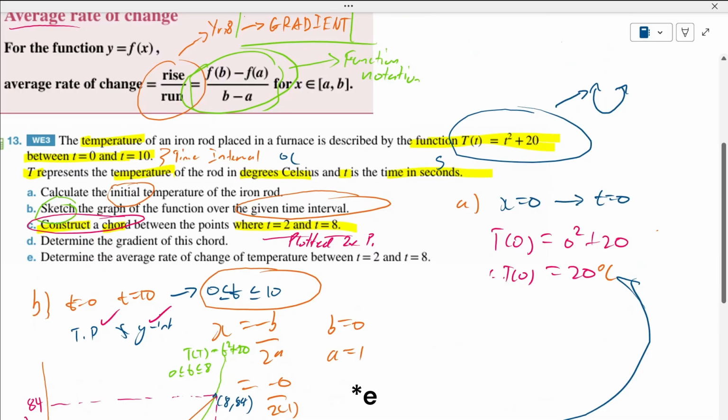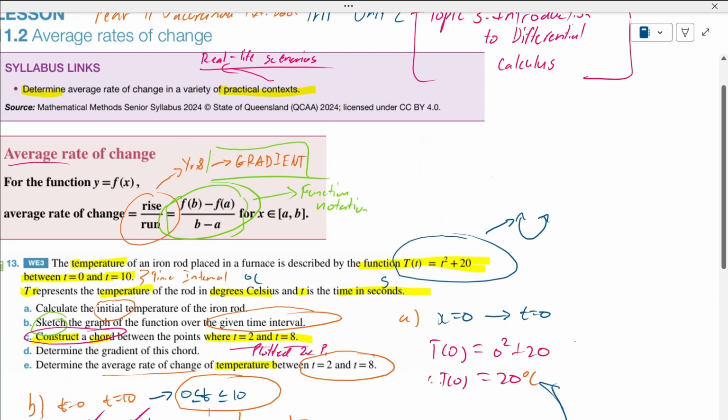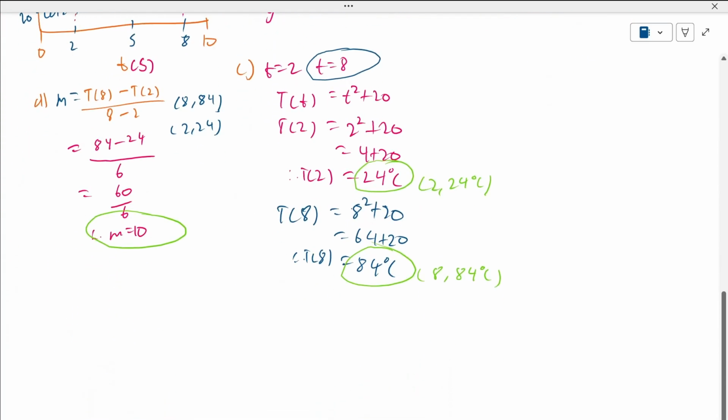Okay, part E. Determine the average rate of change of the temperature between t equals 2 and t equals 8. We've actually done that already. All this part is asking is to determine the average rate of change, so we need to model this in a real-life scenario, as I stated before. Our y is T in degrees Celsius, and our x is time in seconds, so make sure we use the units degrees Celsius and seconds.